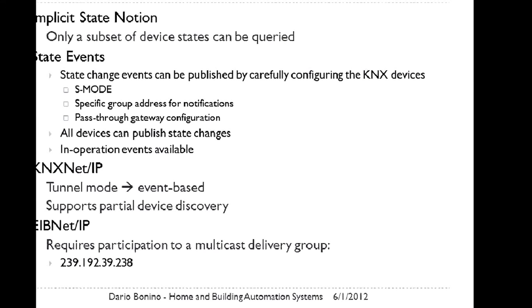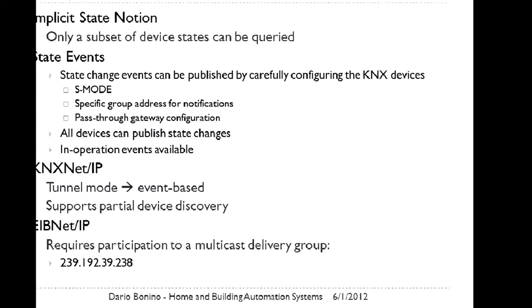And these are the disadvantages. The advantages are that in this way, all devices can publish state changes. So we can also detect the state change of a button if we configure it correctly. And in addition, all devices usually have a specific data point, which is called in operation, that tells us if the device is working or not. So we have also some diagnostic events running on the network.